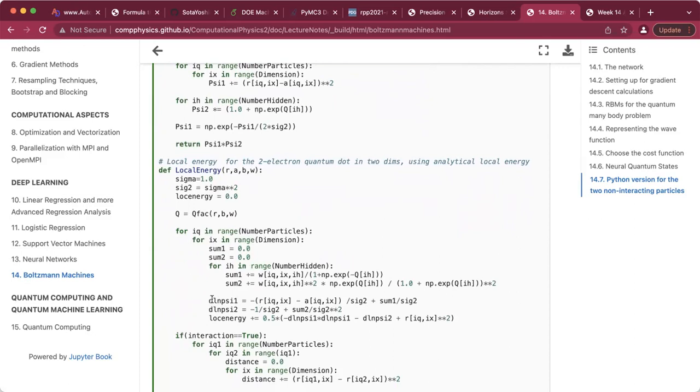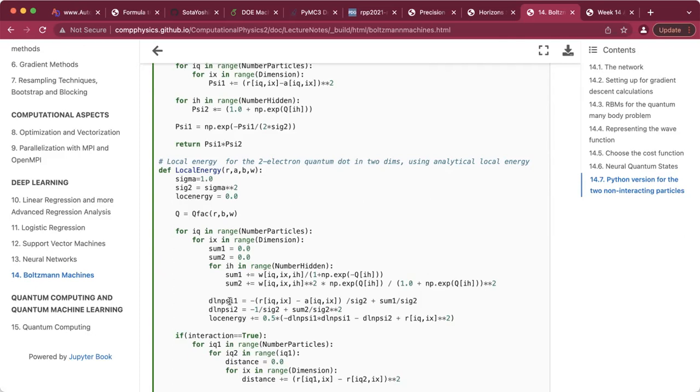These expressions here can obviously be replaced by expressions from either numerical derivation or from the usage of automatic differentiation, if you prefer that. And normally I recommend using automatic differentiation.